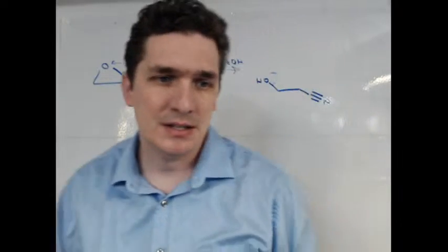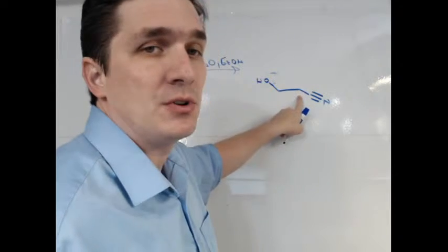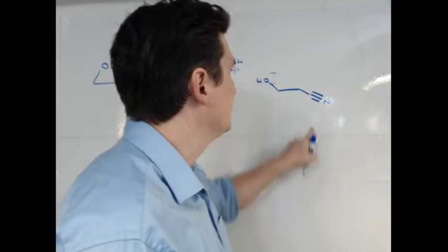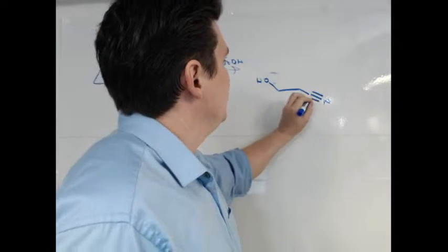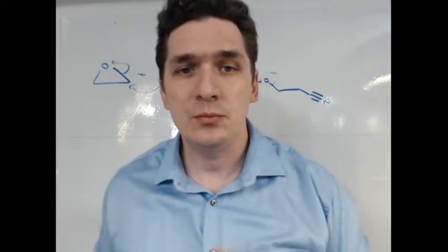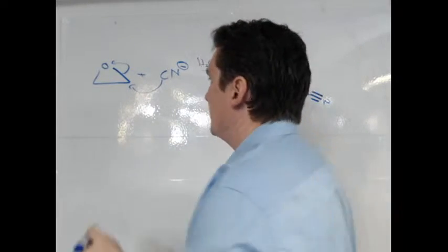So we're going to get this nitrile group on one end. It's going to bind through the carbon. This is a weird thing about cyanide: it always reacts through the carbon, not through the nitrogen. That's going to be the structure of our final product. Now, because this is a symmetric epoxide, it doesn't really matter which way we attack.